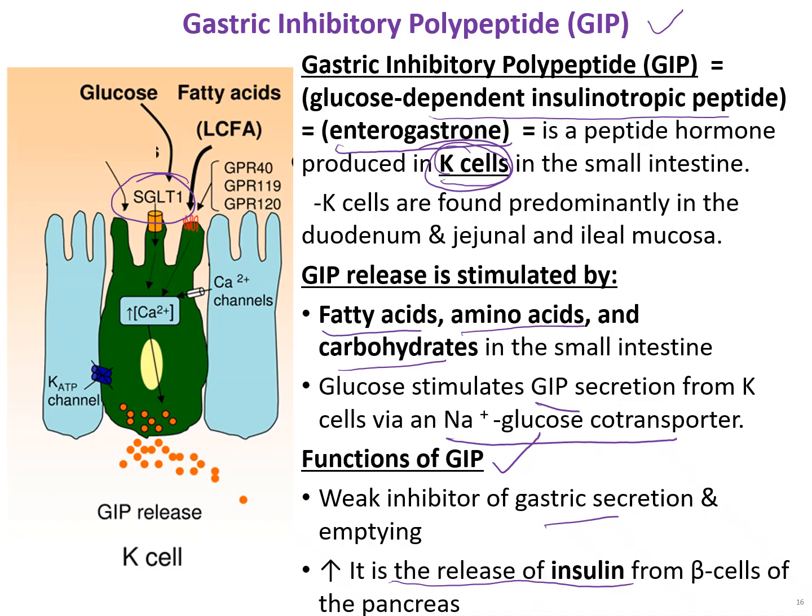So that is one of the major differences. When you give IV glucose, it only acts on the pancreatic beta cells. When you give oral glucose, it acts in both places. It increases GIP as well as it acts directly on the pancreatic beta cells. So oral glucose has a predominant action on the insulin release compared to IV glucose.